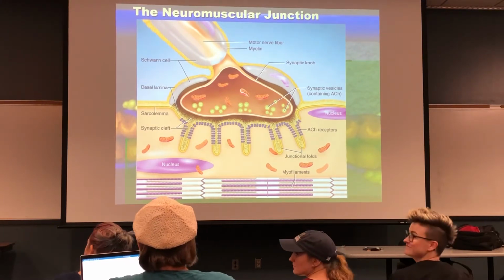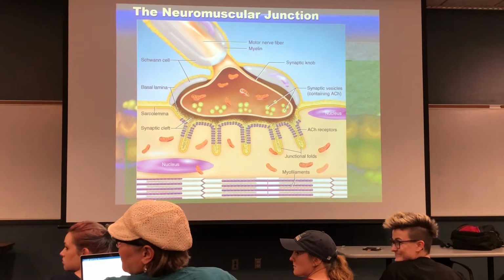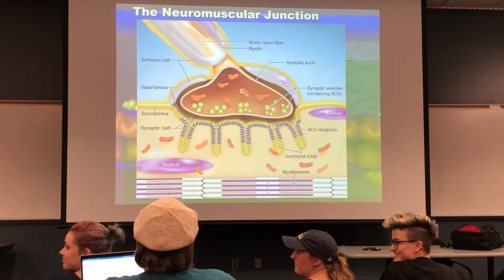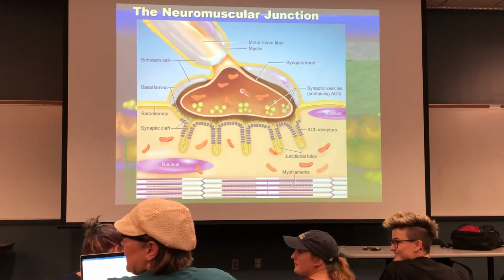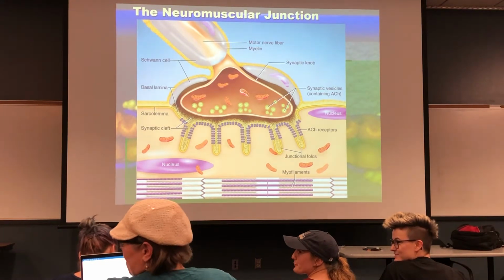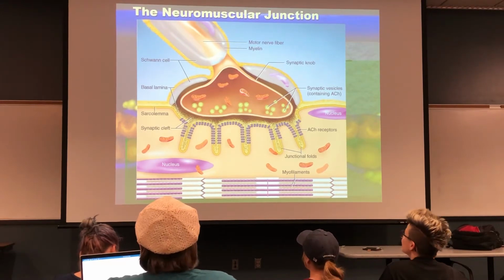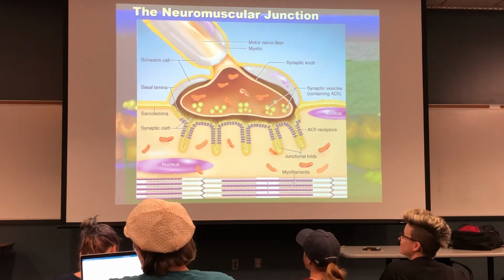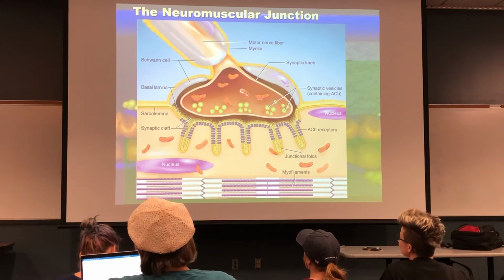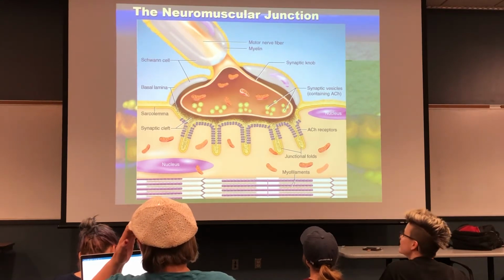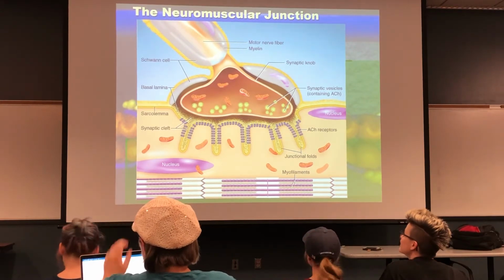So somebody with Parkinson's, is it a misfiring of these? That's a great question. Parkinson's is a situation where we aren't able to release a neurotransmitter that quiets muscle contraction.